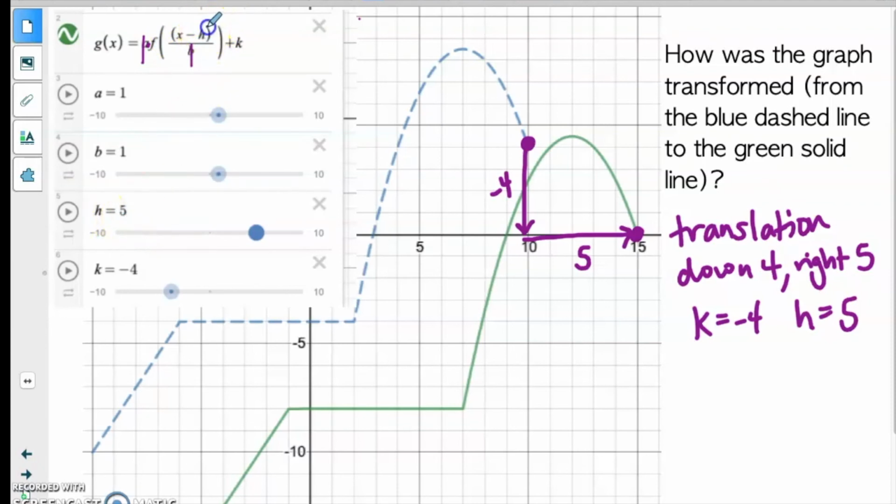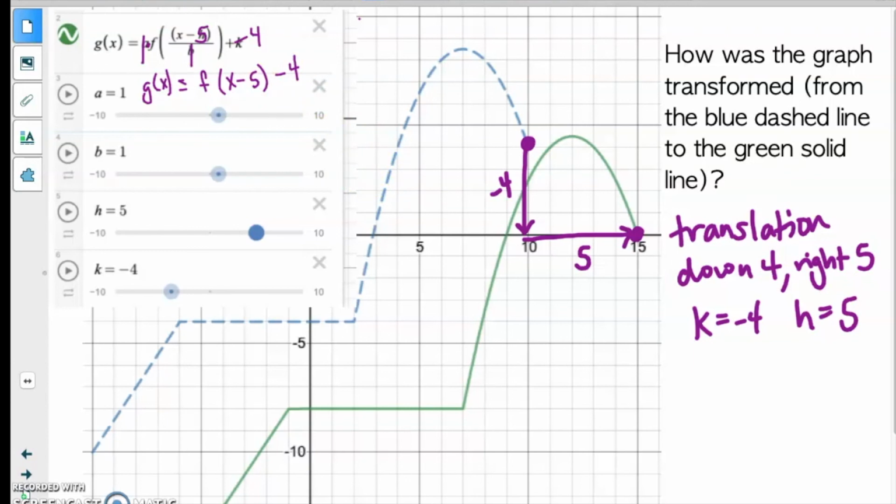H is 5, so we'll replace h with 5. And k is -4, so we'll replace that with a -4. Simplifying, cleaning that up a little bit, we would get g of x equals f of x minus 5 minus 4.